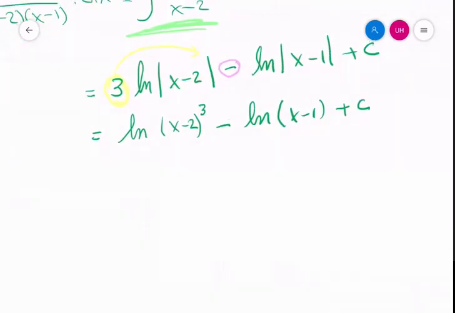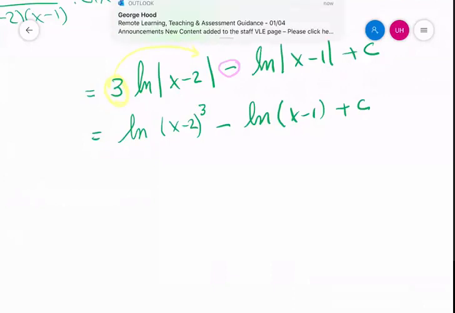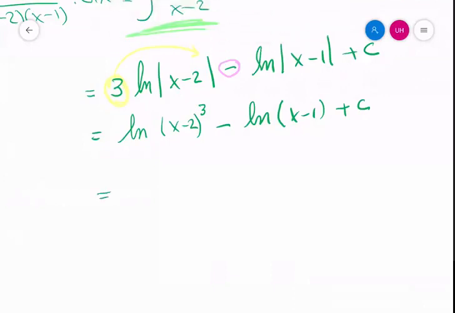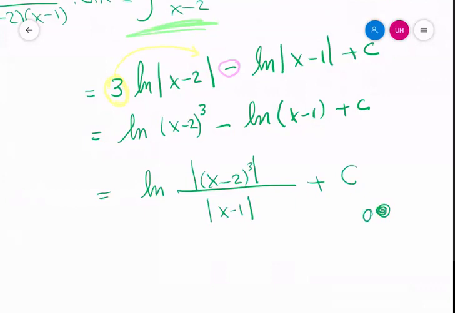So again, because there is a minus here, we can make it as a division, and this will be ln of (x minus 2) cubed over (x minus 1) plus the lovely c, and that's it.